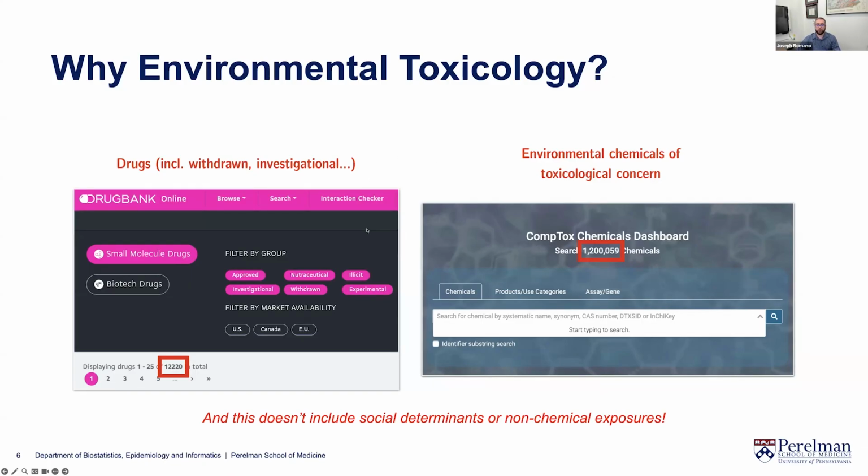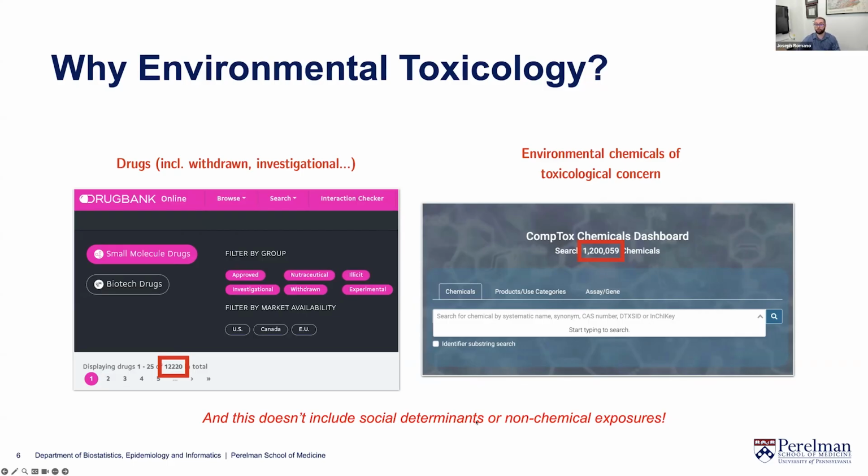Meanwhile, the US EPA currently catalogs about 2 orders of magnitude greater number of chemicals of potential toxicological concern. And the vast majority of those are completely understudied and have really no data that's available for secondary analysis. And note that this doesn't include any social determinants of health or non-chemical exposures either.